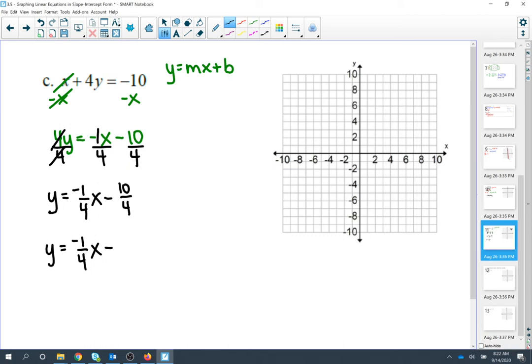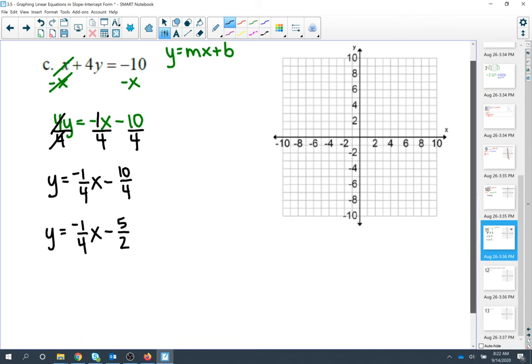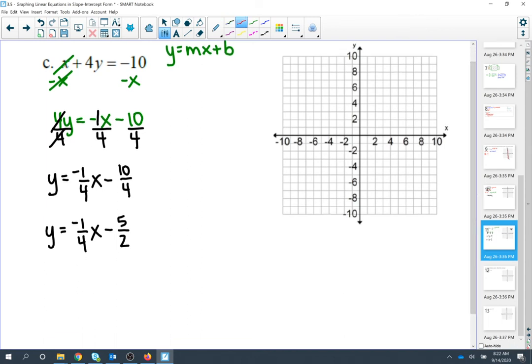If I divide by 2, I'm going to get 2. So negative 5 halves. Then we have to find our slope and our y-intercept. So our slope is sitting right in front of our x, so negative 1/4. And then our y-intercept is negative 5 halves.